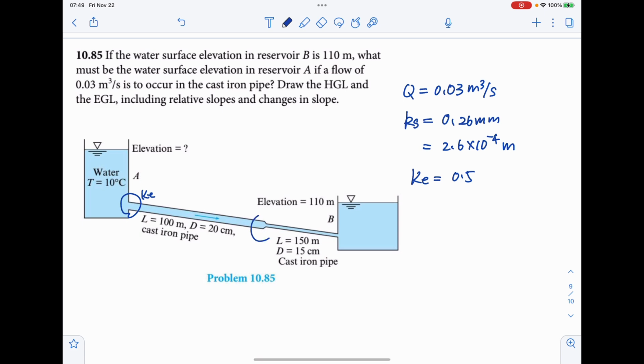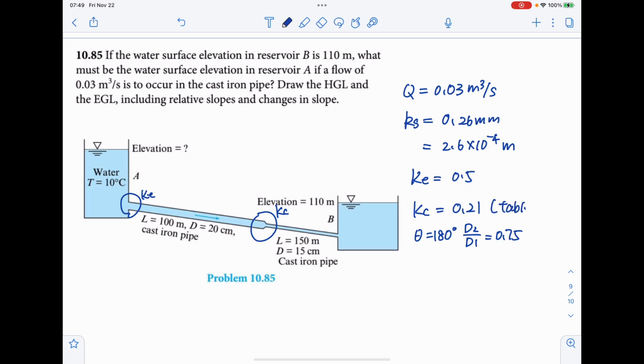KC, which is contraction here, is 0.21 because this one is with an angle of 180 degrees. D2 over D1 equals 0.75. Okay.